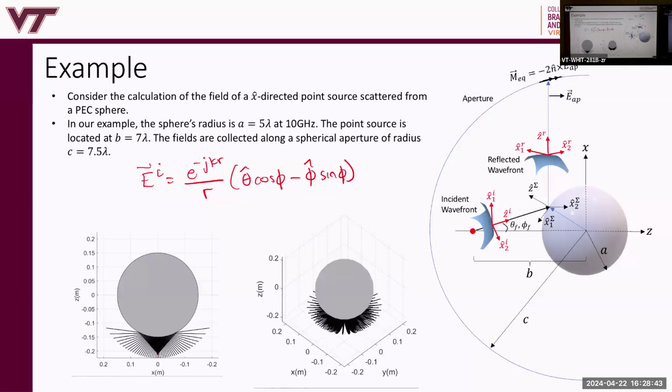Now, let's draw an x, y, z here. So here's x, y, and z, right? Now, when phi is equal to 0, what plane am I in? The xz plane. Very good, xz, right? So that means there's no phi component of this field, E incident, in the xz plane. There's only theta.